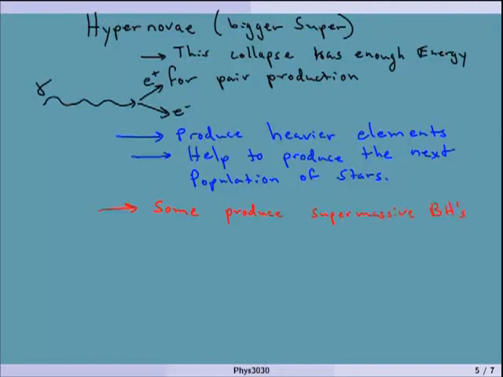So in some simulations, depending on the right conditions, your book will say these hypernovae basically just blew themselves apart, but in some special conditions they can actually produce black holes, and since they are so big to start with, they're much bigger than the black holes we see in the stellar mass range, the sun's mass range. And we'll talk more about black holes next week, I think.